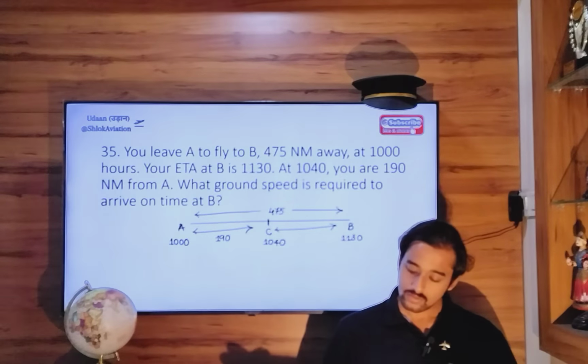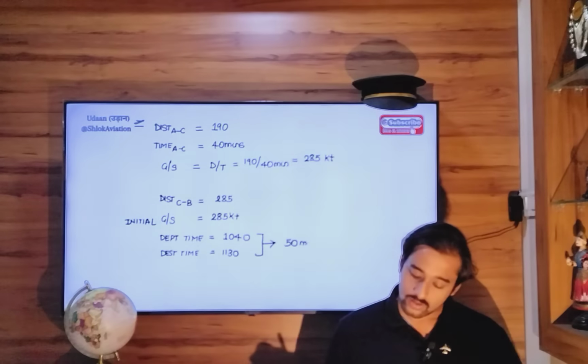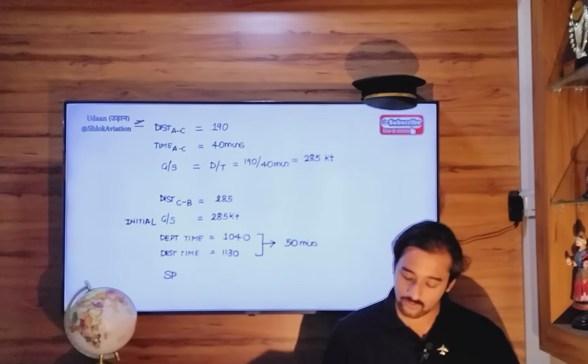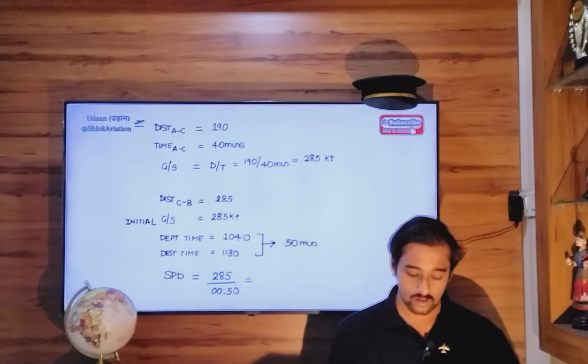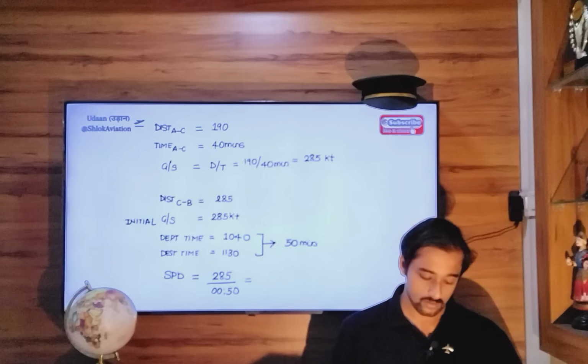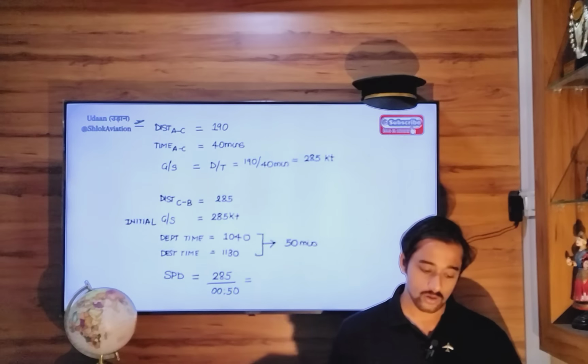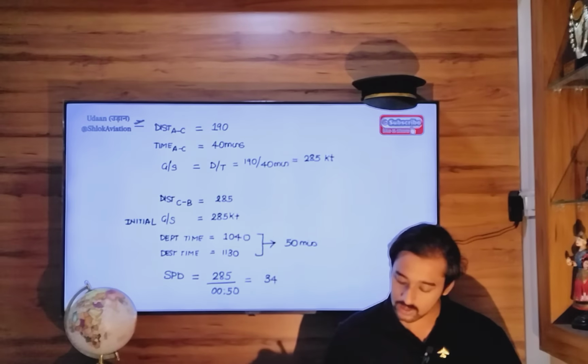You will have to fly at a speed faster than 285, right? So the time available is 11:30 minus 10:40, 50 minutes. So the new speed you must fly at is 285 divided by 0.50, equal to 342 knots.